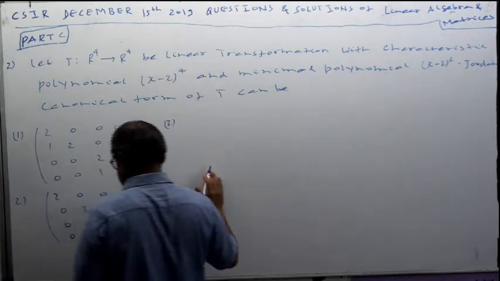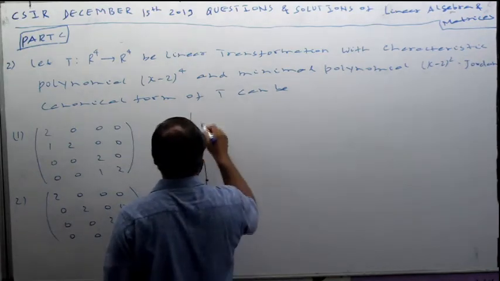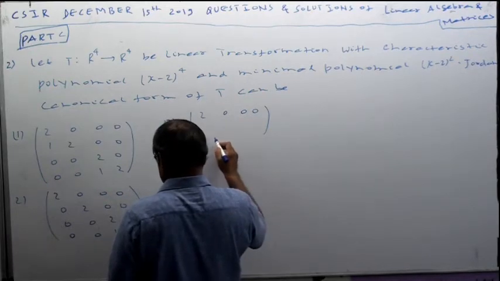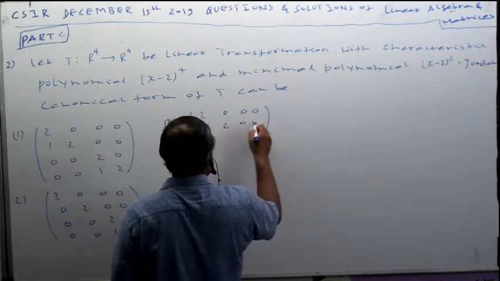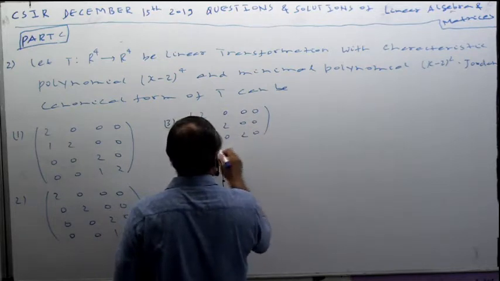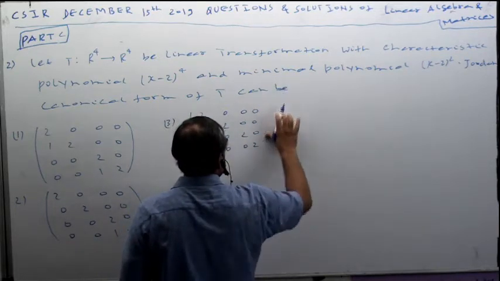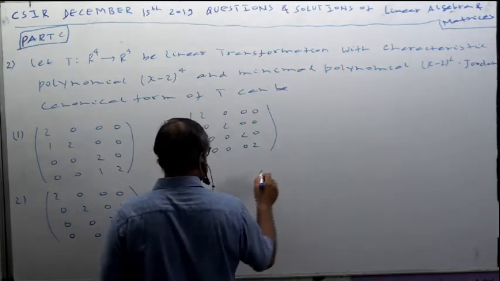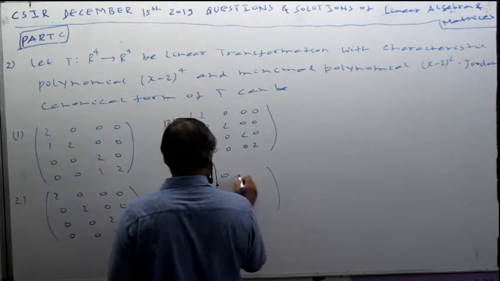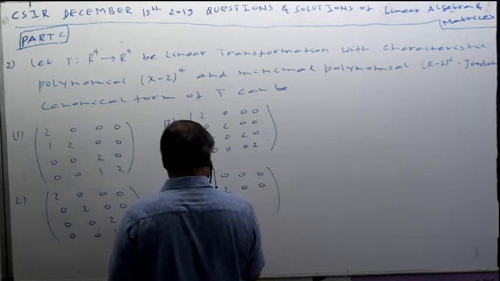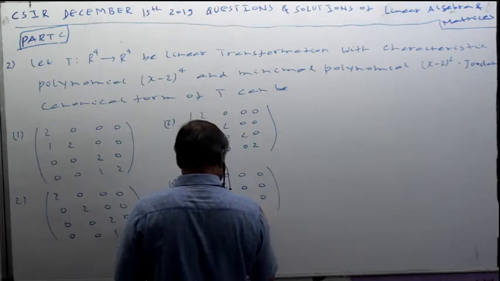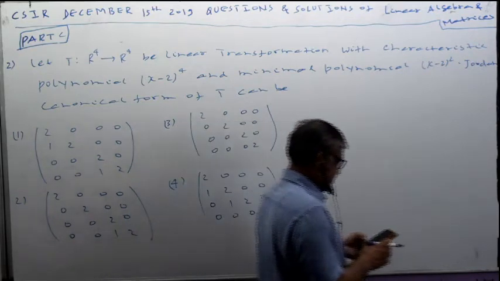Third: 2 0 0 0, 0 2 0 0, 0 0 2 0, 0 0 0 2. Fourth option is: 2 0 0 0, 1 2 0 0, 0 1 2 0, 0 0 0 2. Watch this.